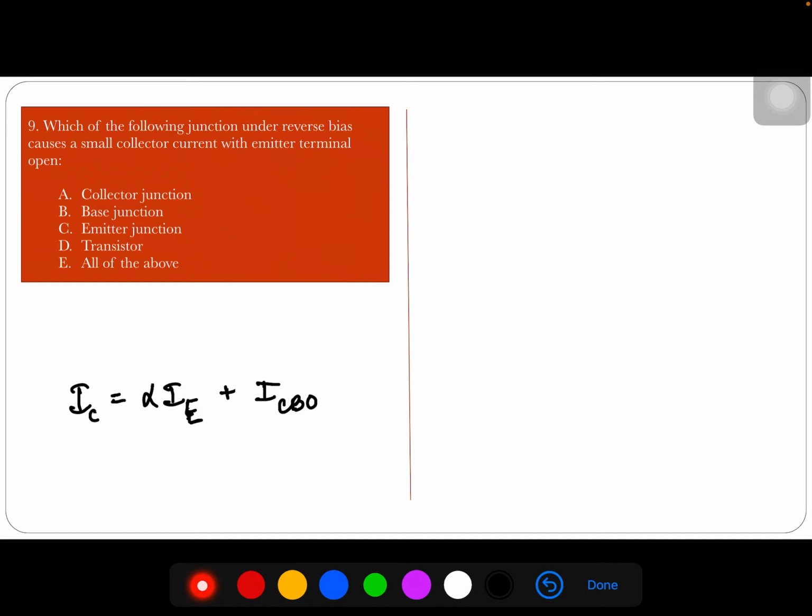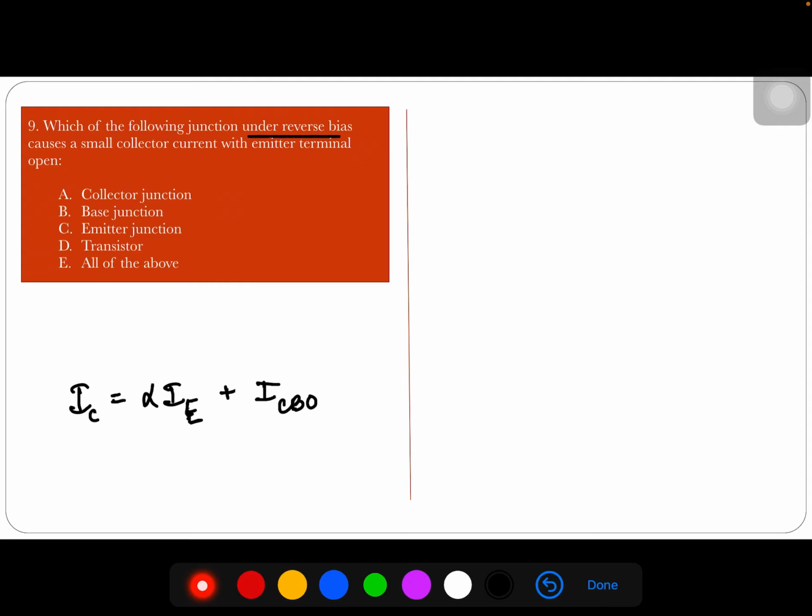Now, this equation is valid when we bias the transistor in the active region, because the most important application of transistor is to work as an amplifier, and for an amplifier, it has to be biased in the active region. So these equations are all applicable for the active region. According to the active region, the collector base junction has to be reverse biased. So it is the collector junction which is reverse biased.